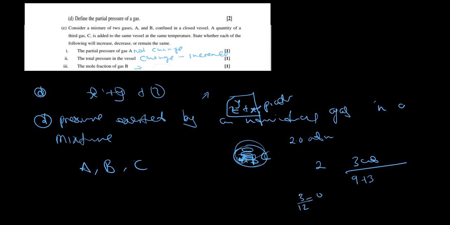It will be 0 point something when you divide by 9, which we had in the first place. It reduces because we are increasing the total, which is the divisor. So the mole fraction of gas A will reduce as well, or decrease, to use the vocabulary of the question. All right, so that is it.